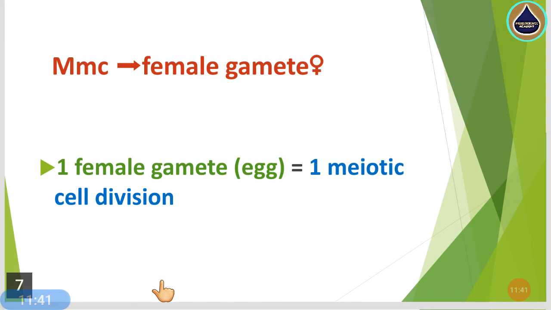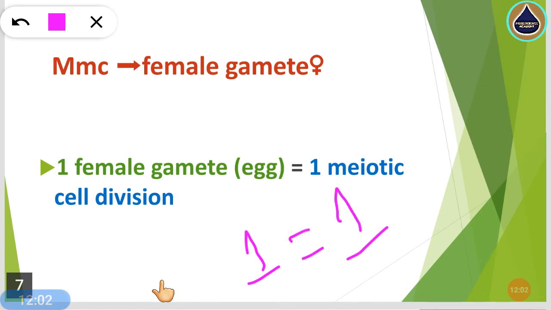In the female gamete formation process, the formula is that the number of female gametes is equal to the number of meiotic cell divisions. It means if one female gamete is needed, one meiotic cell division.